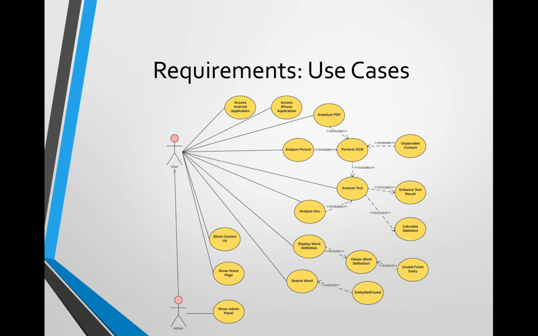After we do the OCR, we can analyze the text, which is going to enhance the text result and calculate the statistics. In another case, we have display word definition, which obtains the word and extends, like unable to get entry.